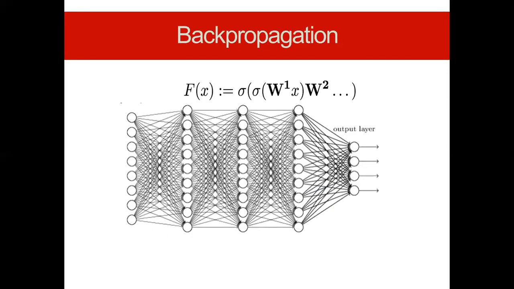There's a well-known technique called backpropagation. Backpropagation is just a gradient descent algorithm with dynamic programming, because this F function is a nested function. When we derive the gradient, we have to apply the chain rule.